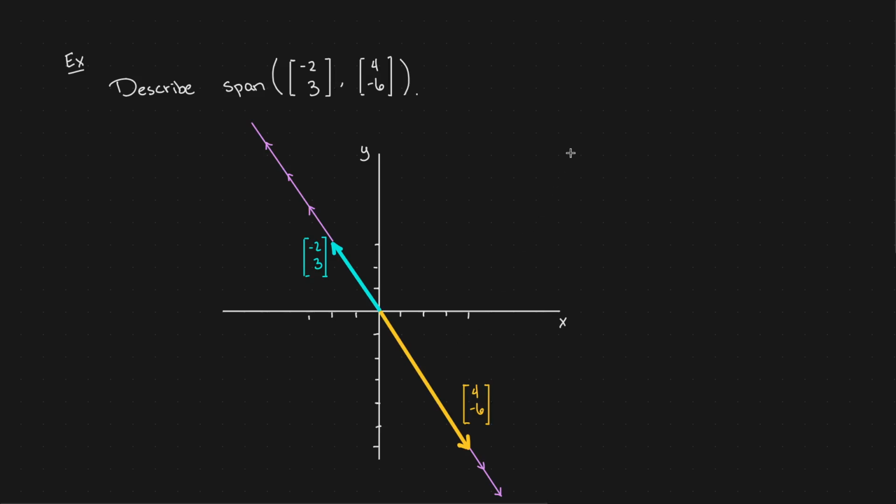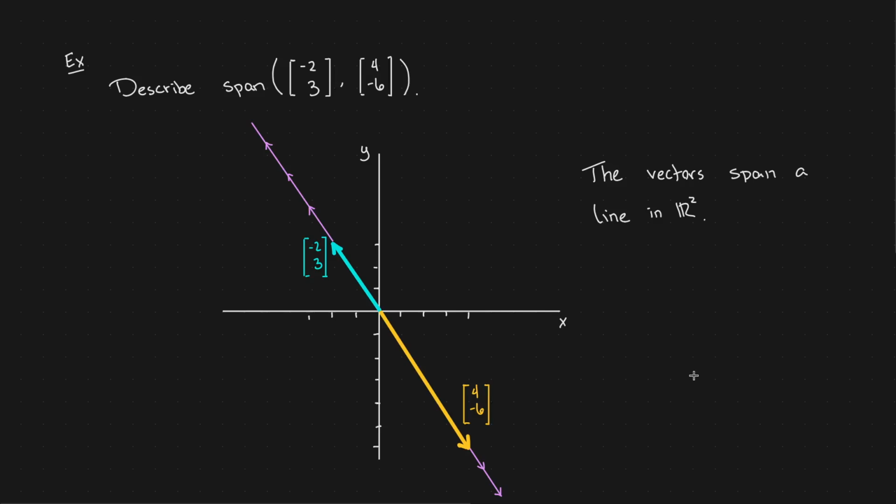So this span is going to be restricted to just one line. So the vectors span a line in two-dimensional space.